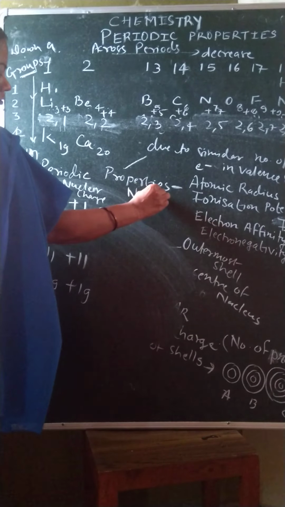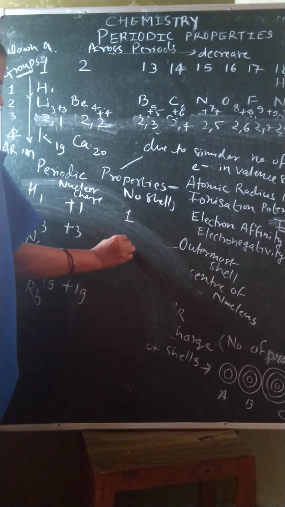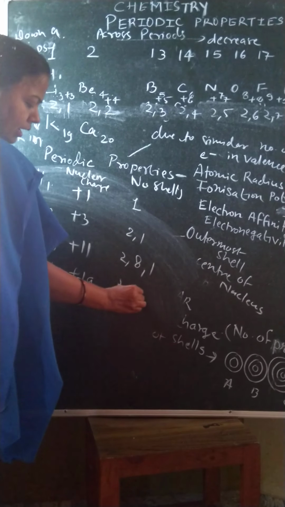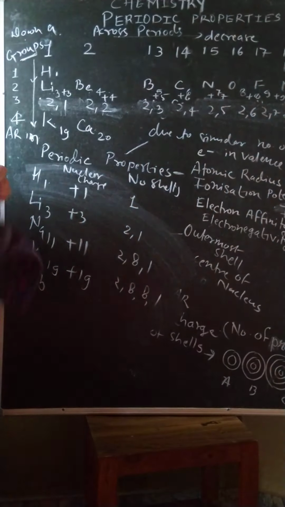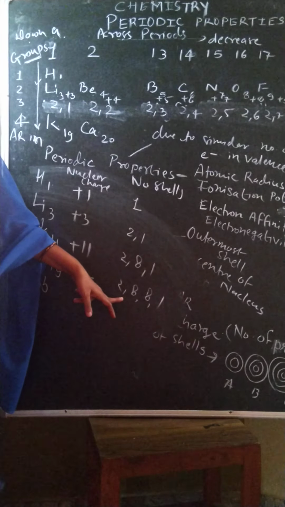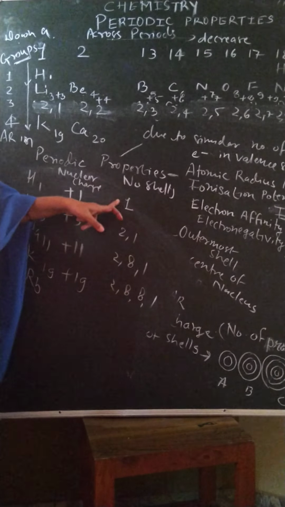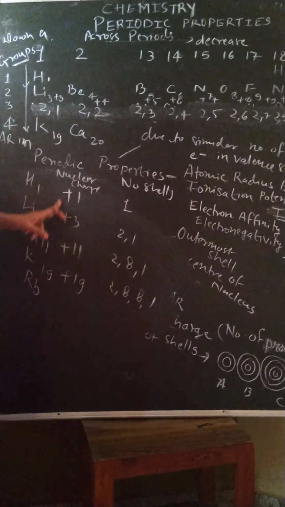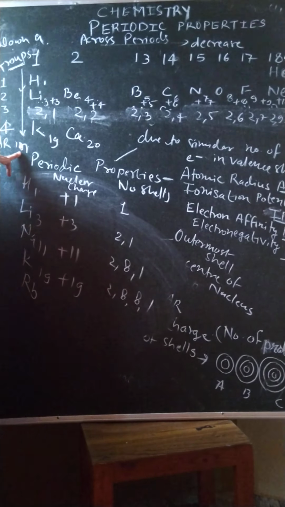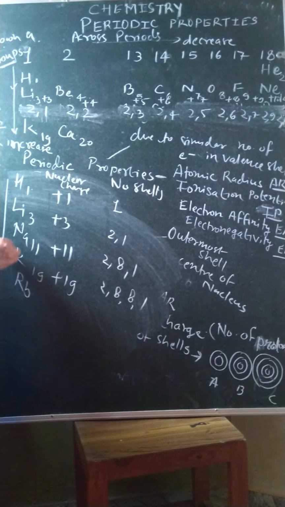The number of shells for group 1: 1, 2, 1, 2, 8, 1, 2, 8, 8, 1. It means going down a group, the number of shells increases. So atomic radius increases. Nuclear charge also increases. So, the increasing number of shells predominates over the higher nuclear charge. That's why atomic radius increases down a group.